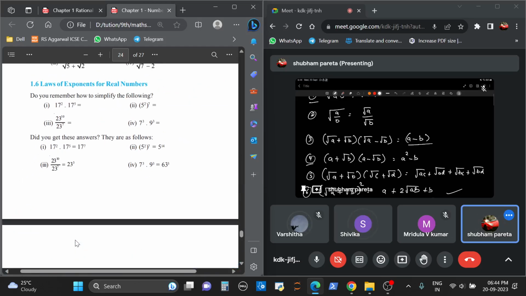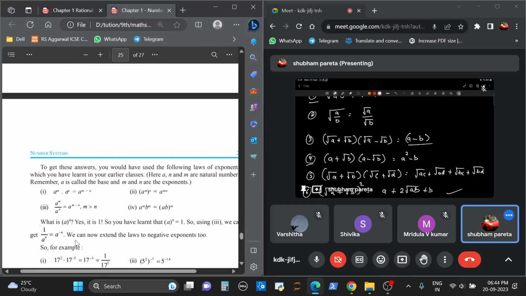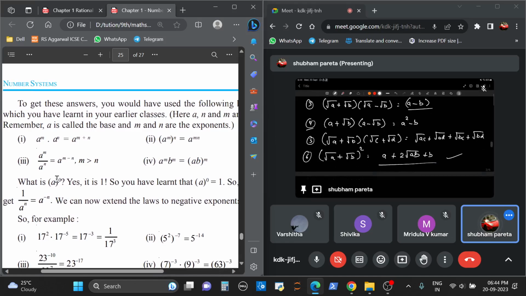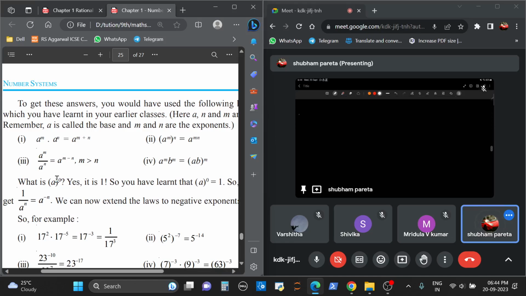Yes, sir. Okay, fine. Now coming to the next topic, which is known as the laws of exponents, which is the continuation part of the surds and indices only. Now we are having the laws of exponents.